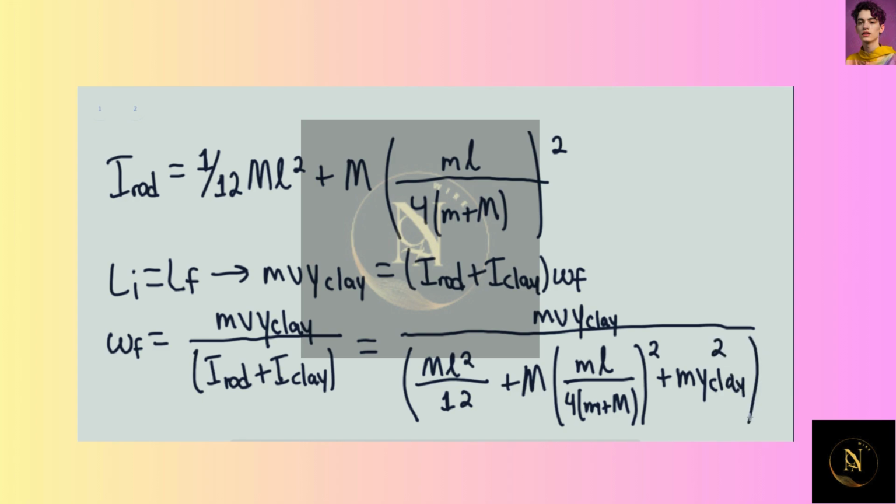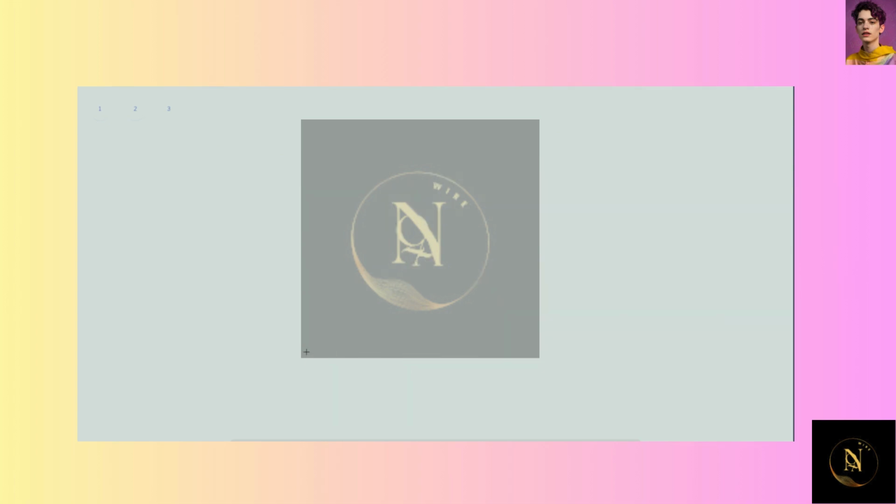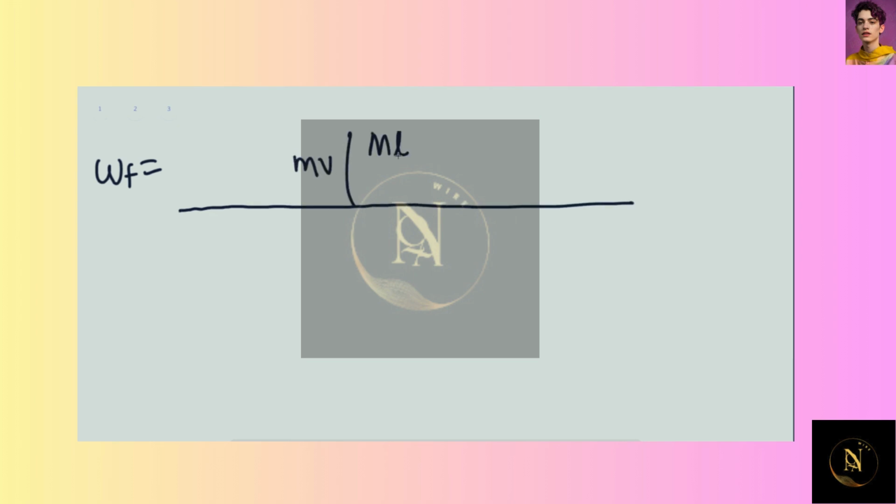squared. And so we can simplify a bit and say the final angular velocity would be equaling mv times M times L over 4 times the sum of the masses. We're essentially just plugging in for the y position of the clay.